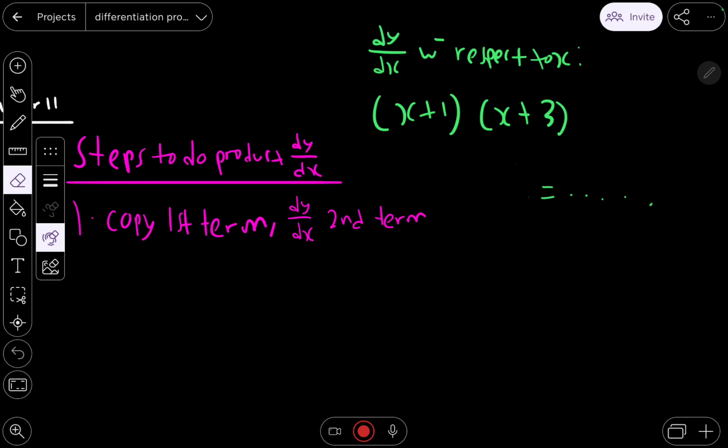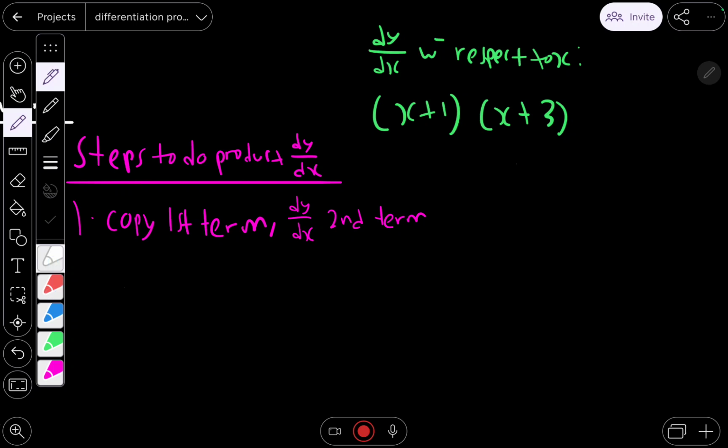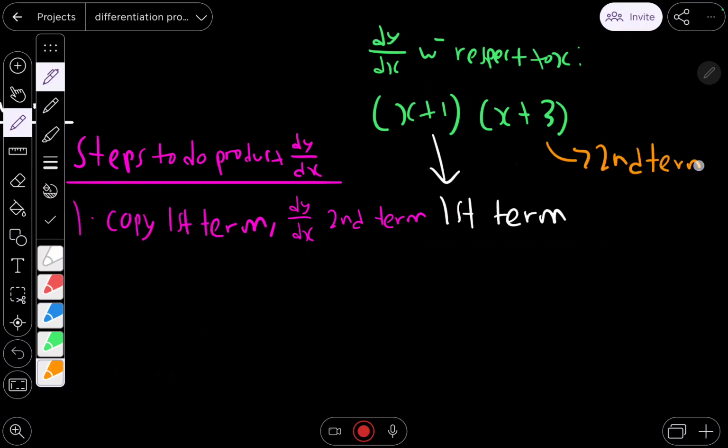Okay, so I write this to show you. What I'm trying to say is, this is your first term, this is your second term. I'll write it out, one in white and one in blue. This is your first term. I'm writing out to show you, okay? And then I'll write it out in orange to say that this is your second term. I will also underline for you.